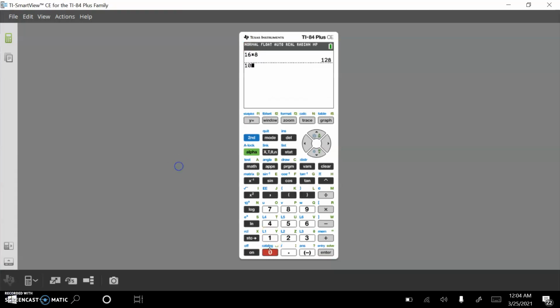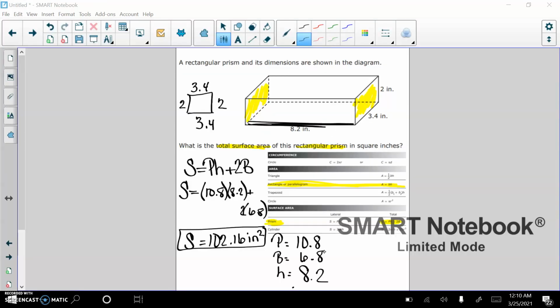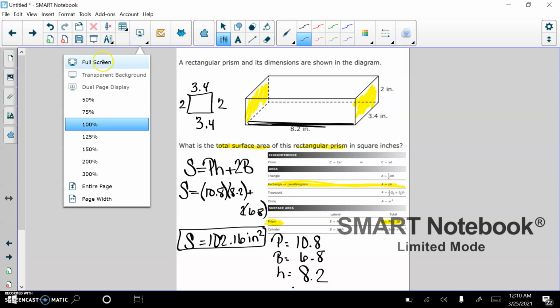I have 10.8 times 8.2 plus 2 times 6.8. And that gives us 102.16. So we're going to write that. That gives us 102.16 inches squared.